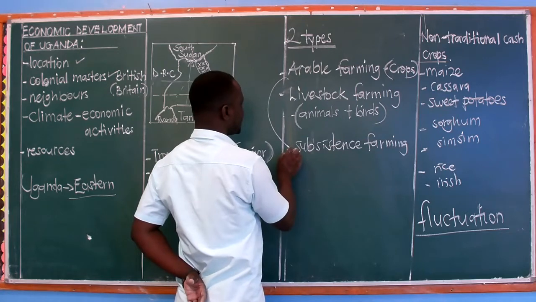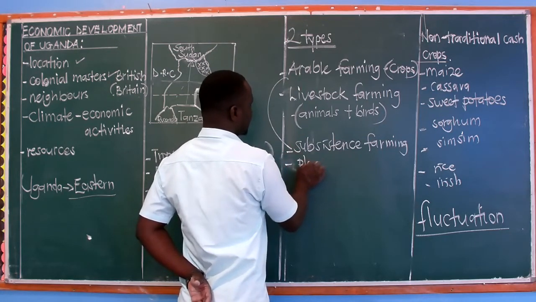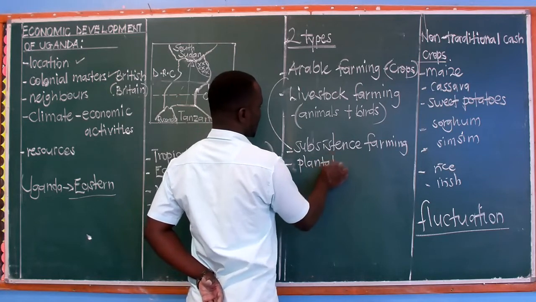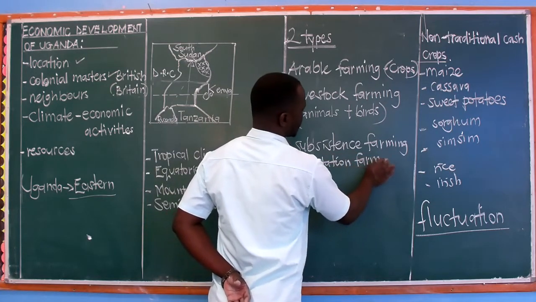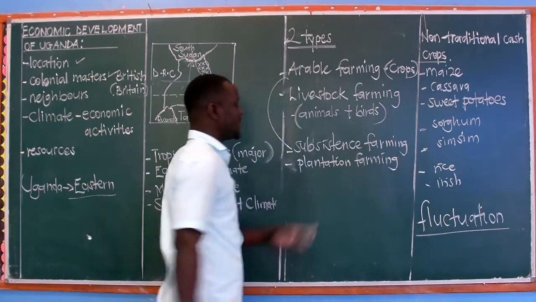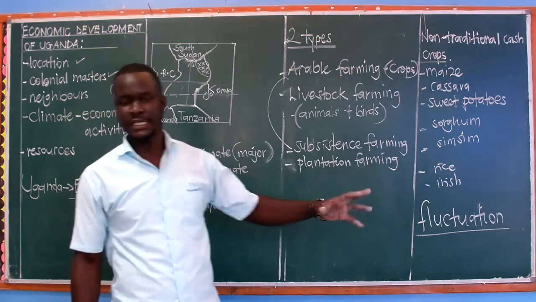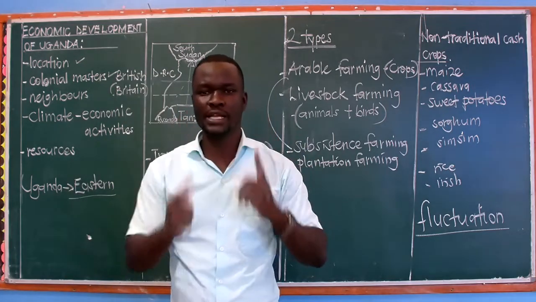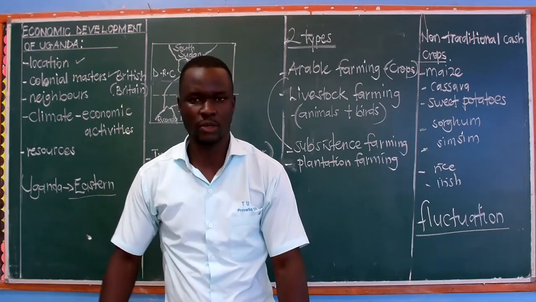Next we have is plantation farming. Sometimes we call it estate farming. This is the growing of a single perennial crop on a large scale, and this is done for commercial purposes.